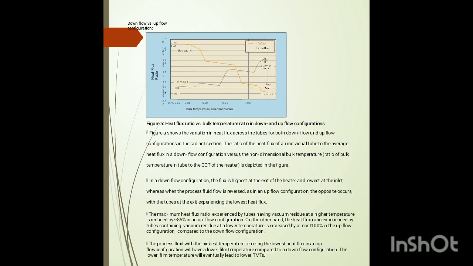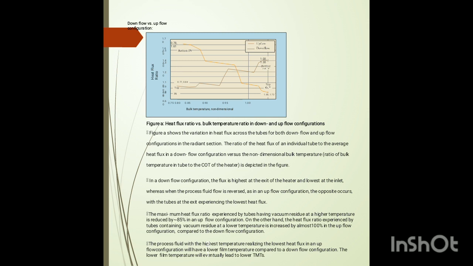These are the downflow and upflow configurations predicted by using the simulations. First, we are seeing the heat flux ratio versus bulk temperature ratio in downflow and upflow configurations. The figure shows the variation in heat flux across the tubes for both downflow and upflow configurations in the radiant section.